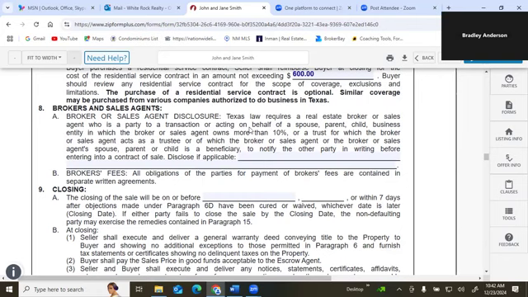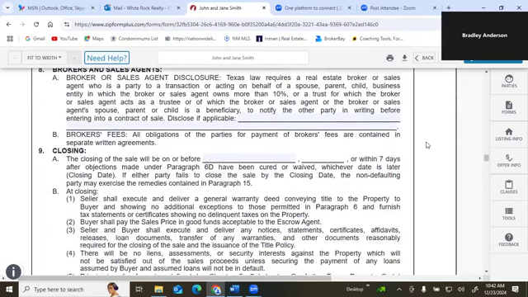Okay, it says, are you acting on behalf of a spouse, a parent, a child, or business entity in which the broker or you, the sales agent, owns more than 10%, or a trust for which the broker or sales agent acts as a trustee, or of which the broker or sales agent or the broker or sales agent's spouse, parent, or child is the beneficiary? Okay. Otherwise, cousins, siblings, all excluded. Okay, you don't need to disclose. Only if it's spouse, parent, child, or business entity.